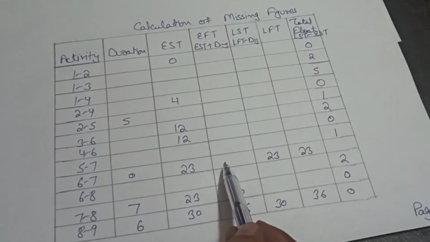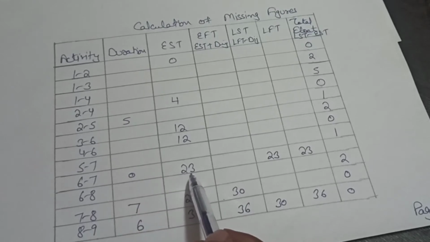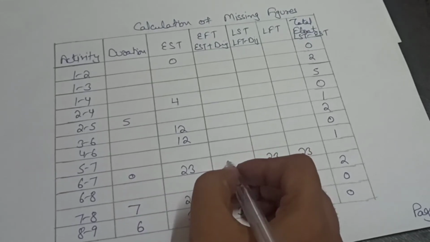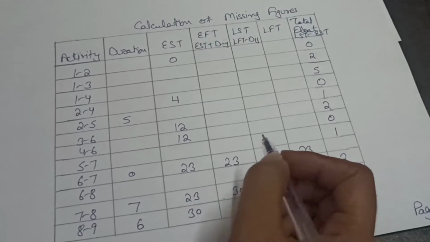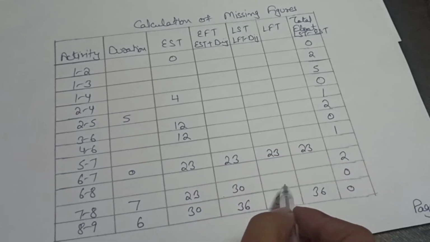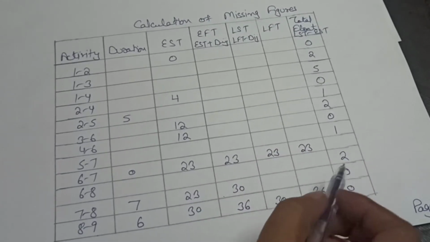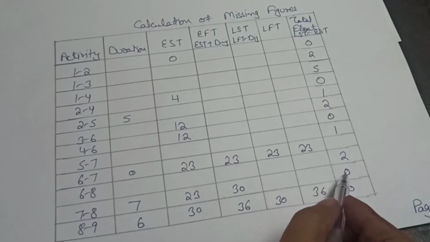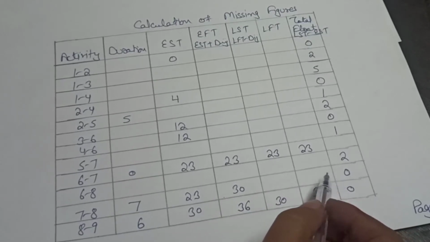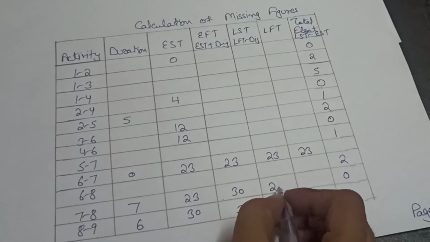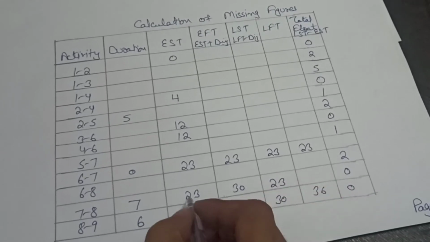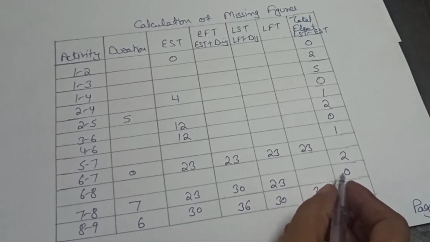For this column, we will add 0 to this 23. So 23 plus 0 is equal to 23. Now we will calculate these figures as 0. LST minus EST is equal to 0. So here LST will be 23 because 23 minus 23 is equal to 0.